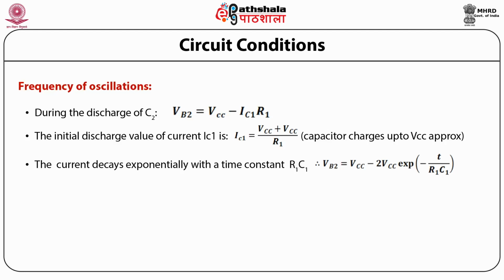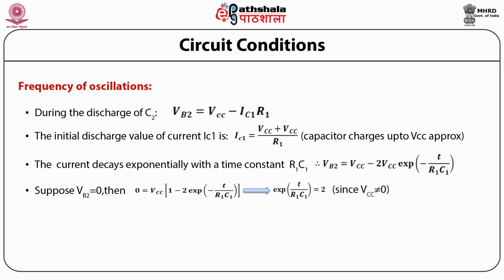The current decays exponentially with a time constant R1 C1, because VB2 equals VCC minus 2 VCC exponential minus t by R1 C1. Now suppose VB2 equals 0, then 0 equals VCC multiplied by 1 minus 2 exponential minus t by R1 C1, implying exponential of t by R1 C1 equals 2, since VCC is not equal to 0, or t equals R1 C1 log 2, equal to 0.694 R1 C1.